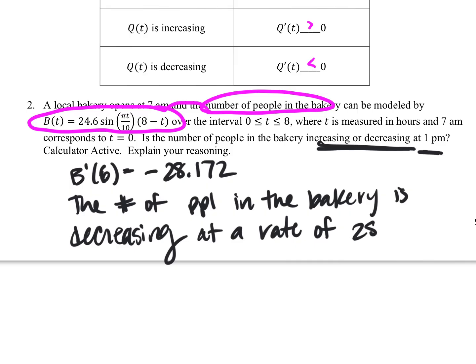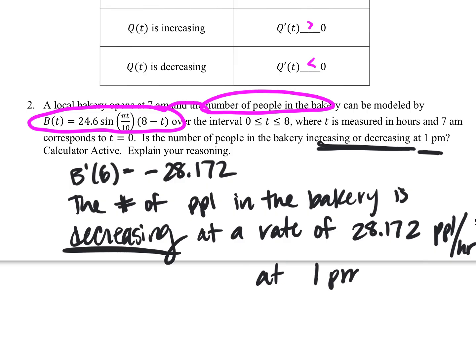I just say 28.172 because I already said decreasing. The decreasing compensates for that negative. At a rate of 28.172 units, people per hour. Perfect.